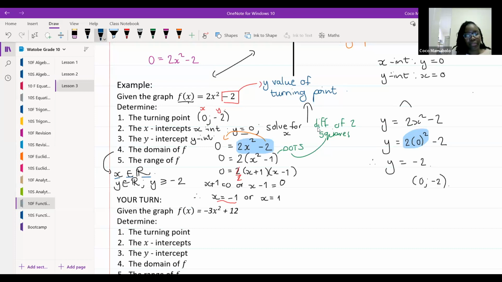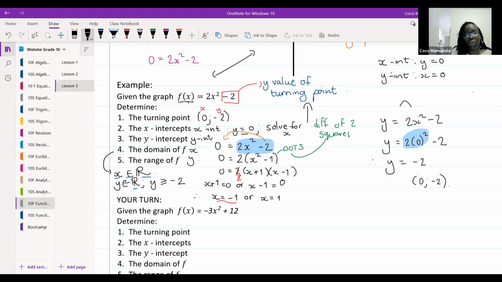And if they ask us for y, we say y is also an element of real numbers, but it can't be a number less than -2. It needs to be any number higher than -2 because of our turning point. So y needs to be greater than or equal to -2. So domain is x and range is y. I hope that makes sense, Nkechi. Yes, it does, ma'am. Thank you.